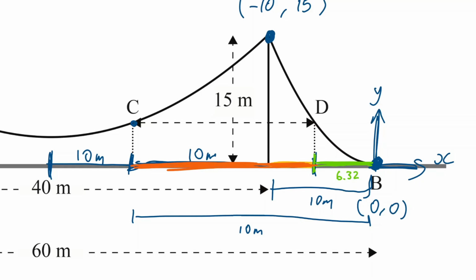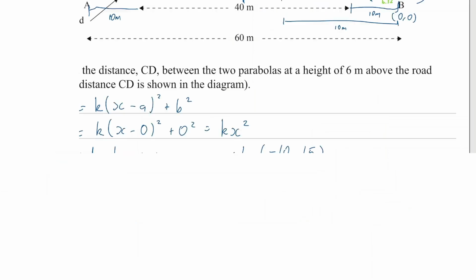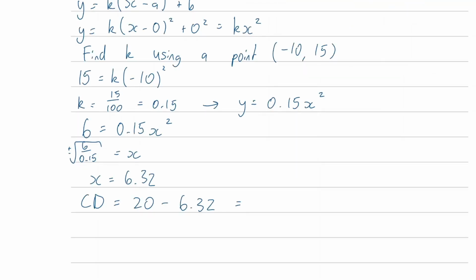So 20 meters minus 6.32. Come on, you can do it. It's had a rough day, this laptop. There we go. So CD equals 20 minus 6.32, which equals 13.68 meters.